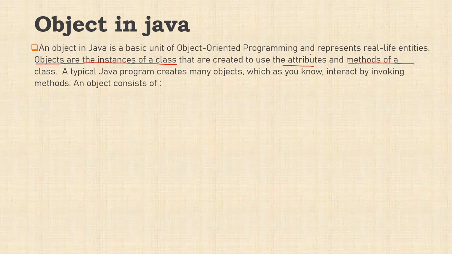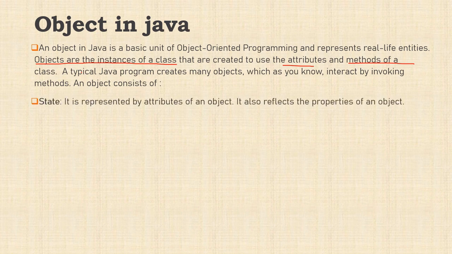Attributes mean the data fields of that class. A typical Java program creates many objects which, as you know, interact by invoking methods. You can create multiple objects, multiple instances, of any class.